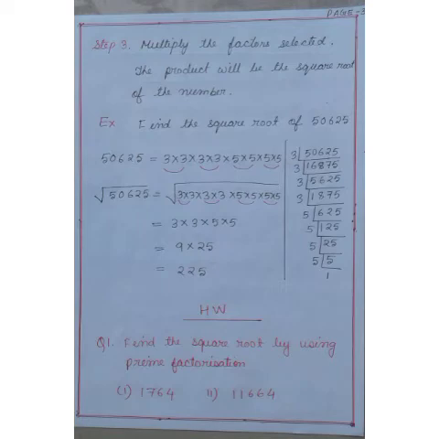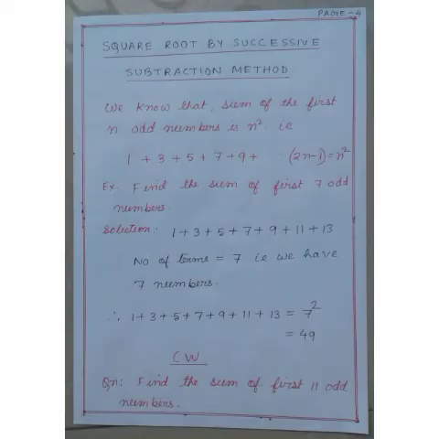Method number 2, square root by successive subtraction method. We know that the sum of the first n odd numbers is n squared. If we have n first odd numbers, then the sum of these odd numbers will be the number of terms to the power 2.